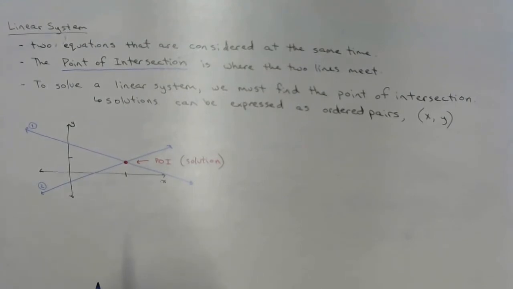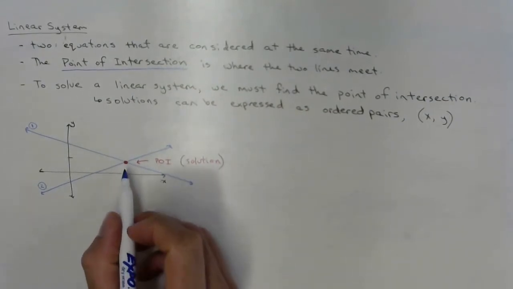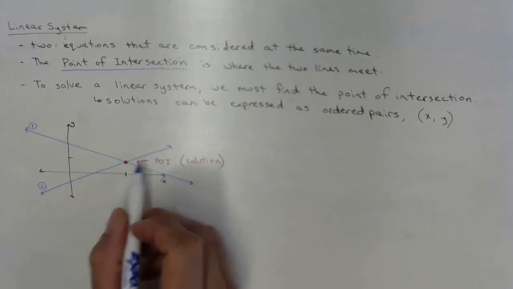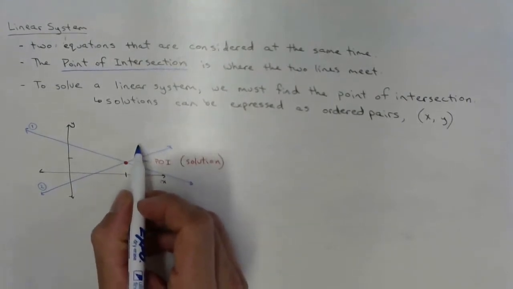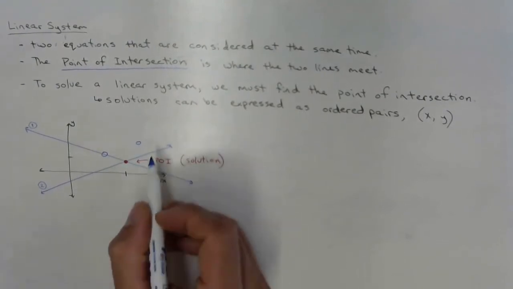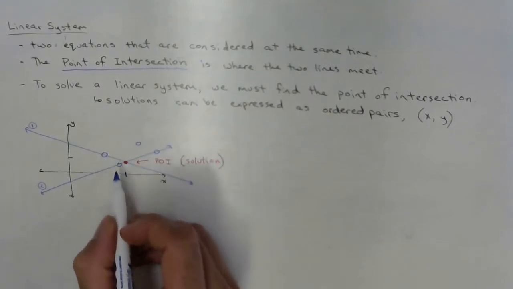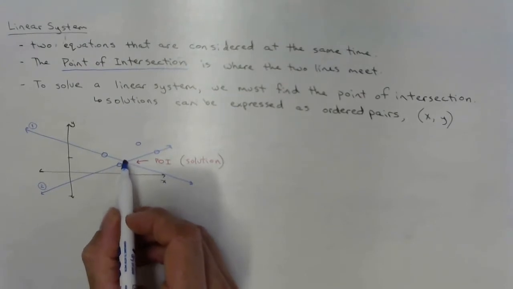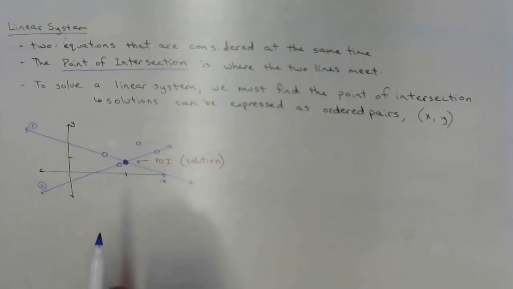Any other place on the grid, either neither of the lines go through it or only one of them. But at this specific point of intersection, both lines go through that point. Do both lines go through this point? No. Do both lines go through this point? What about this point? What about this point? Okay? This point right here is the only place that both lines go through.